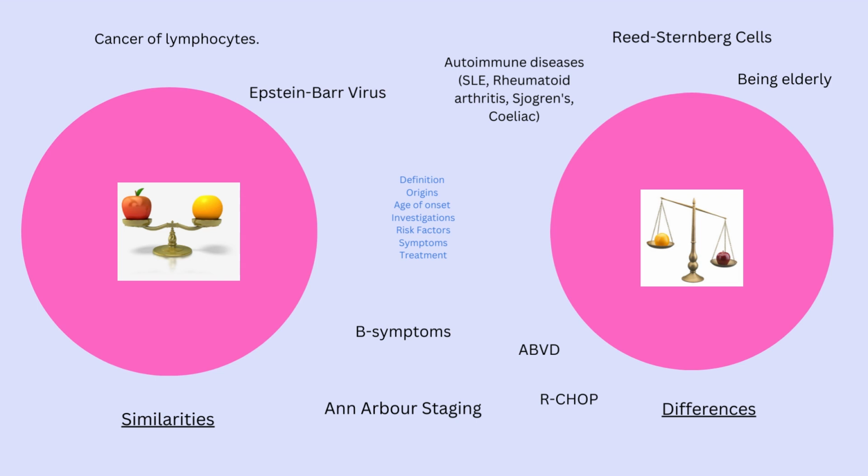It stands for rituximab, cyclophosphamide, hydroxydaunorubicin, vincristine, and prednisolone. R-CHOP is a chemotherapy regimen that is used in both Hodgkin's and non-Hodgkin's lymphoma.